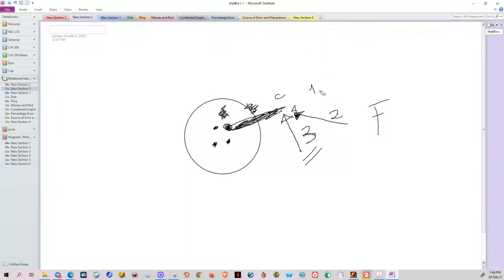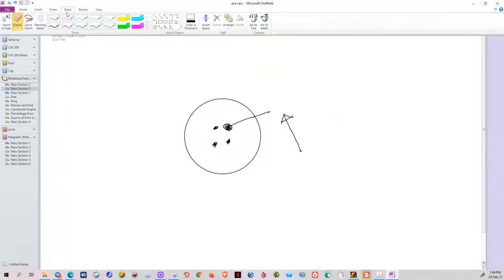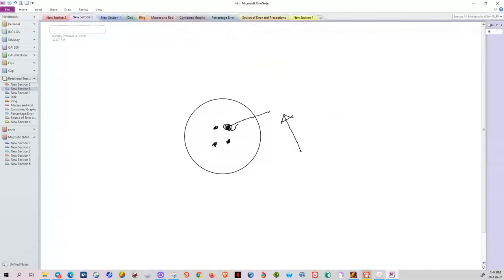So now, let us analyze the motion once we apply the force in direction number 3. Let's clean up our drawing. That's our wrench. I'm sorry because I'm using an electronic pen and it's not easy to draw here.